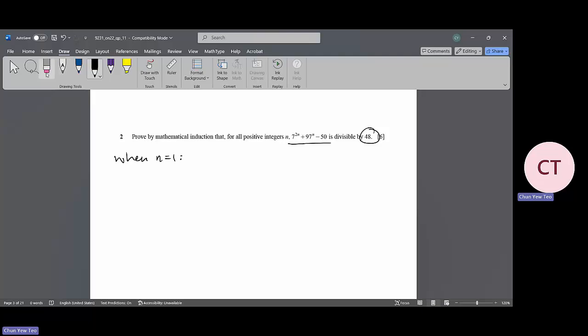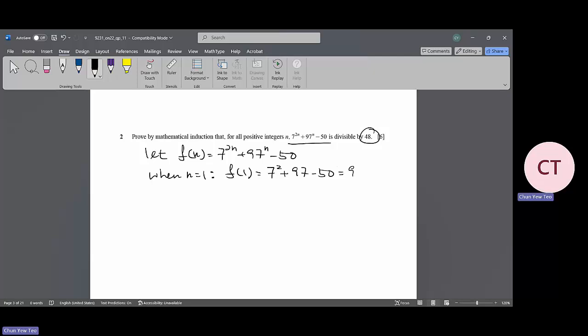First of all, I will call this f(n), which is 7 to the power 2n plus 97 to the power n minus 50. When n is equal to 1, f(1) is 7 squared plus 97 minus 50, so you get 96. Is 96 divisible by 48?